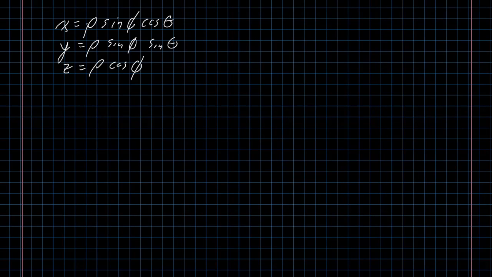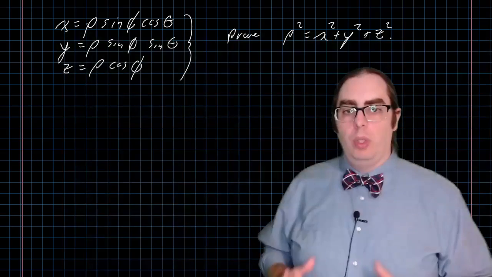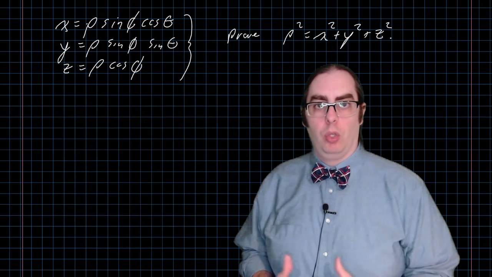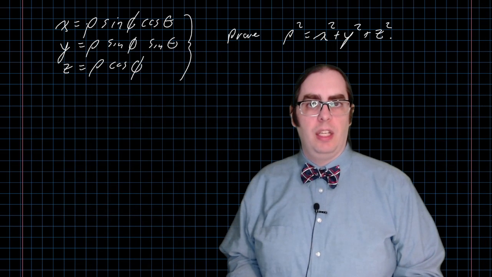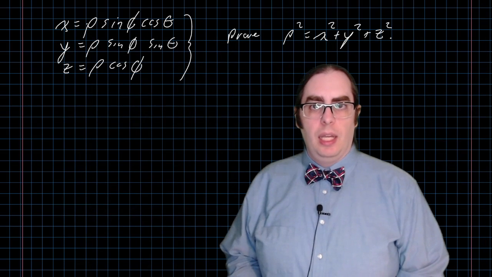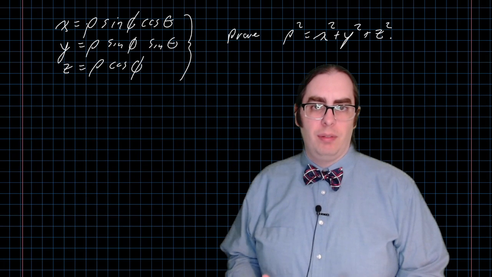We looked at the geometry to see that that had to be the case. I want you to look at x squared plus y squared plus z squared, plug these things in, and work through the properties of trigonometry to prove that this simplifies and turns into rho squared. It's a different way to think about spherical coordinates. It's a chance to review some properties of trigonometry, see what you can do with it, and I'll see you in the next video.